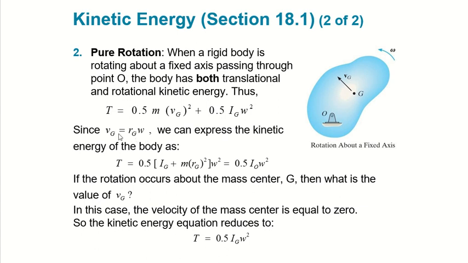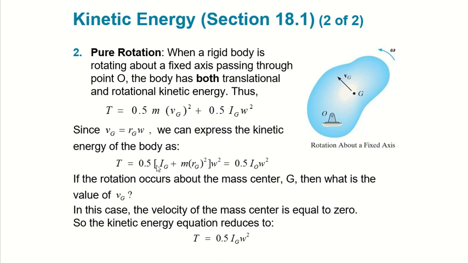For the kinetic energy of the body, we put that right into here. See how we plug this in straight, and then we take that 0.5 out. You're left with this, then your mass, and your Vg is now this r omega. Since we have an omega squared, we can take the omega out as well.